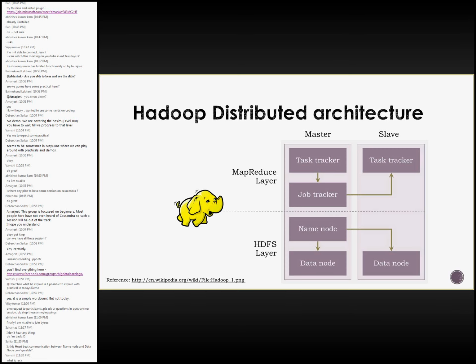If you understand, the name node and the data node primarily come into picture when you are copying the data to HDFS. Apart from this, they are also made use of when you're running your job tracker as well as your task tracker.